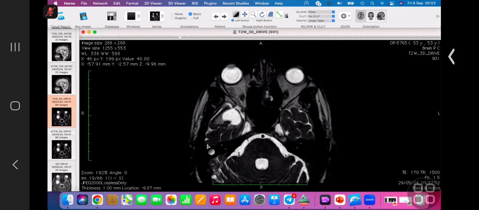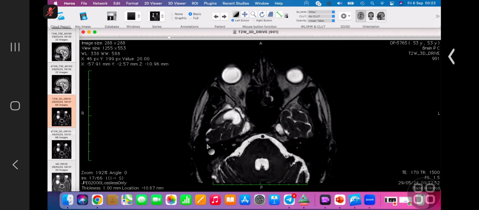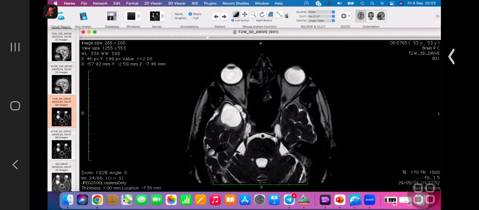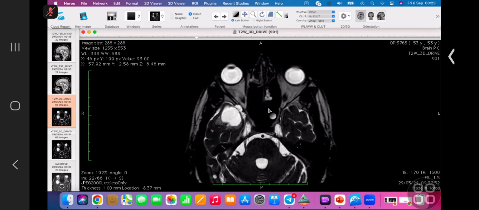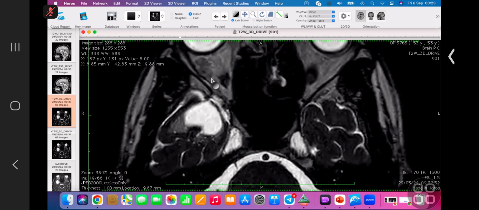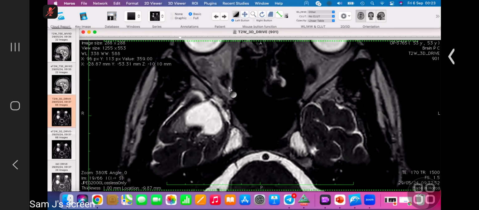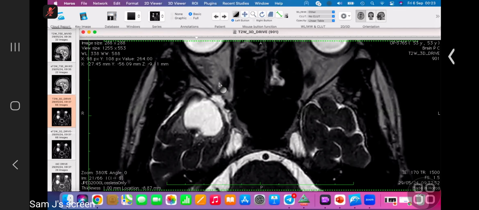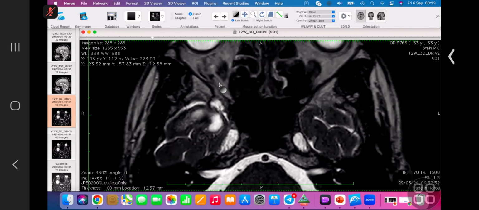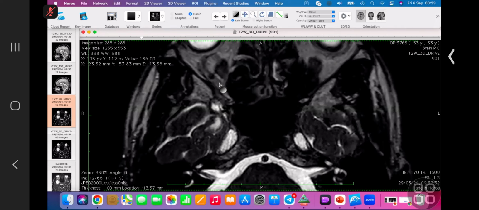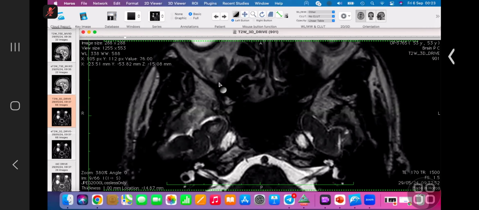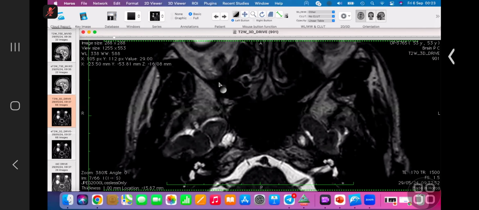This is a FIESTA or SWISS sequence, we call. We can appreciate nicely the tortuous vessels and some small T2 hypointense filling defects. So these are nothing, yes. But what can you think about now?